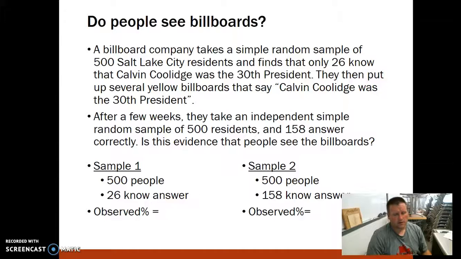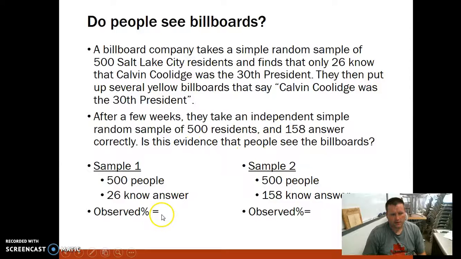This is an example of two samples because they sample before the billboards and after the billboards. And the nice thing about this is these are two independent, different samples. It's like they sample them and then they throw everybody back in and sample again. They might have actually gotten some overlap of people, but because they're simple random samples, that's what we're looking at.